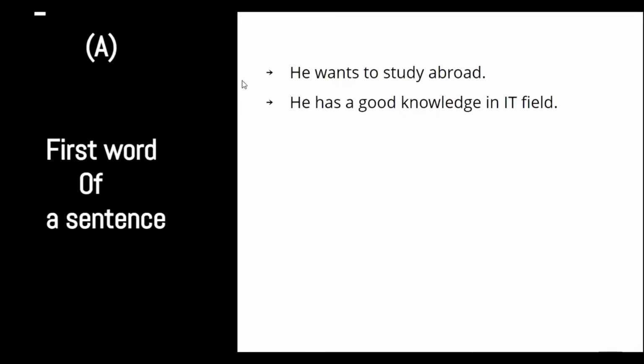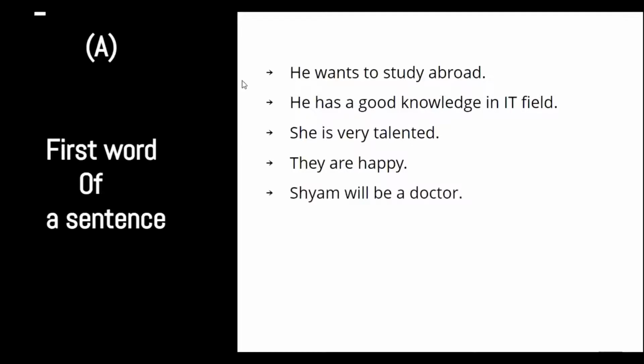Here again H is a capital letter. Then, she is very talented. They are happy. Sham will be a doctor. Here the first word is a noun and the first letter is a capital letter.